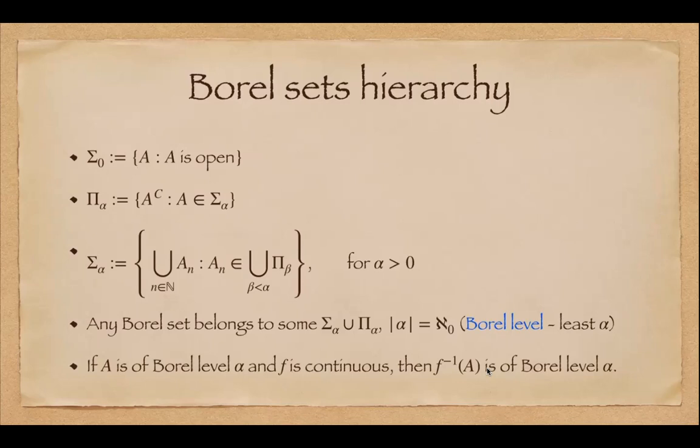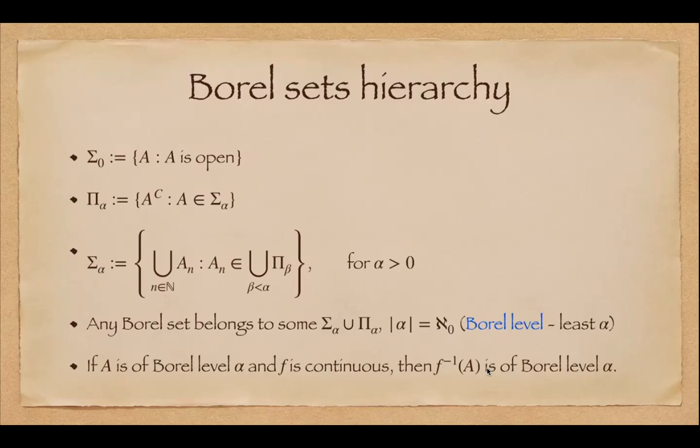So I do it for any ordinal, and if I take the union of sigma alpha for every countable alpha, you can see that what you get is a sigma algebra. And this is the Borel sigma algebra.